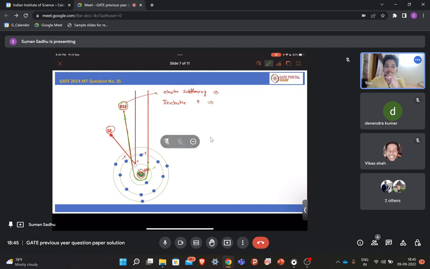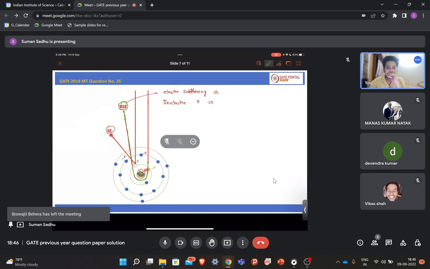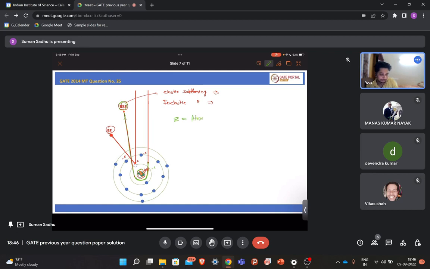Now you can understand which factor of the atom will influence the amount of backscattered electrons. Why does backscattering happen? Because of the nucleus of the atom, right? So it depends on the Z value, where Z means atomic number. For example, for iron, what is Z?